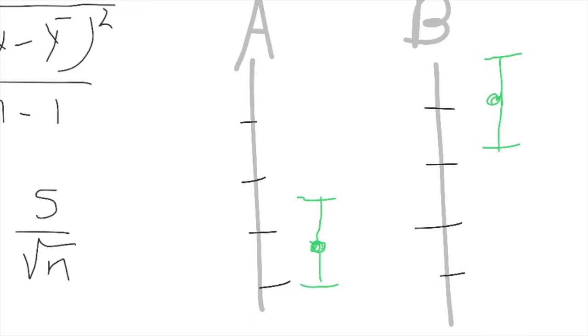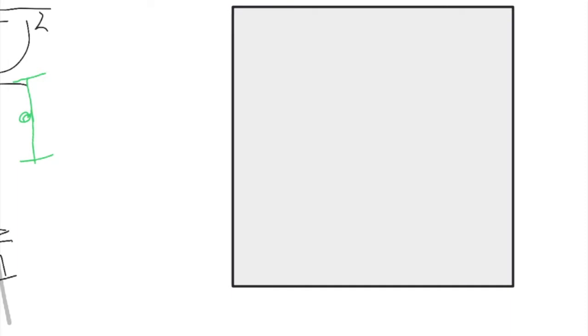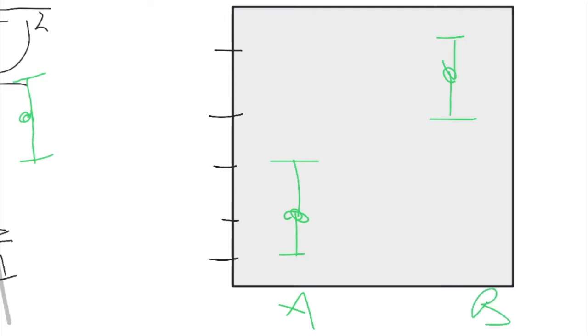Now, we don't really have to do the second number line because it's exactly the same as the other number line. Like that. And then this square has its little number line on it, and then you have species A and species B. And then the question is, do these error bars overlap?